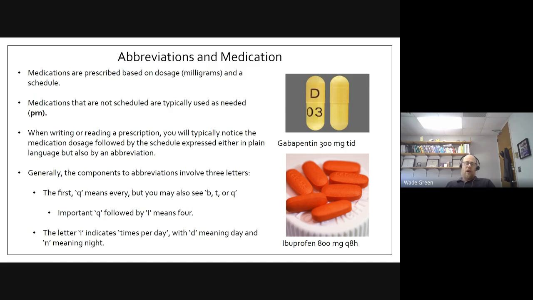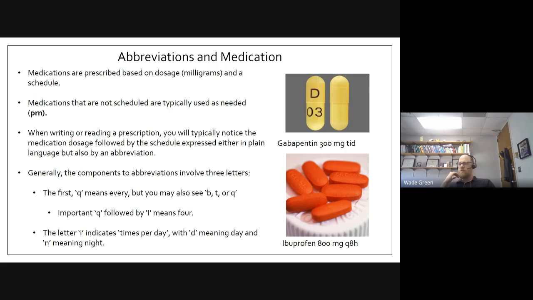When you're either writing or reading a prescription, you're going to notice that the medication dosage has the milligrams, followed by a dosing schedule, usually expressed in plain language, but it can also be expressed via an abbreviation. When you see an abbreviation, sometimes two letters, but generally three, they're going to involve a combination of two to three letters, most of the time three.